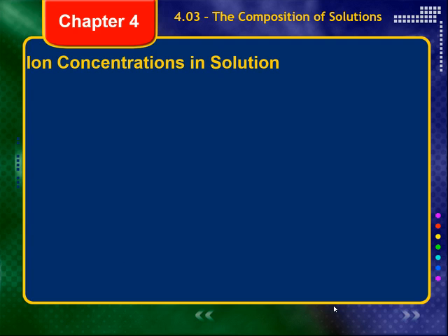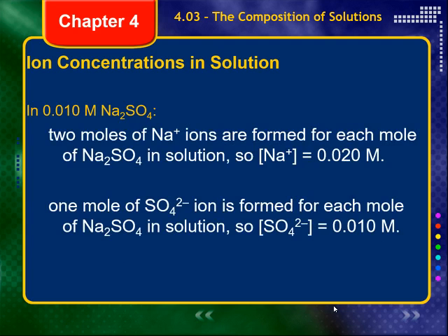Well, it's a little bit of a trick question, okay? Because in solution, the Na and the SO4 are going to split up into individual ions. You're not going to have any of that formula unit Na2SO4. They're going to split up. So what I'm really going to have in 0.010 molar sodium sulfate is 2 moles of Na+ ions.